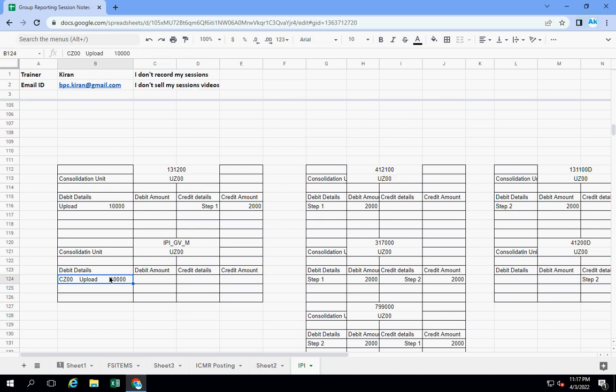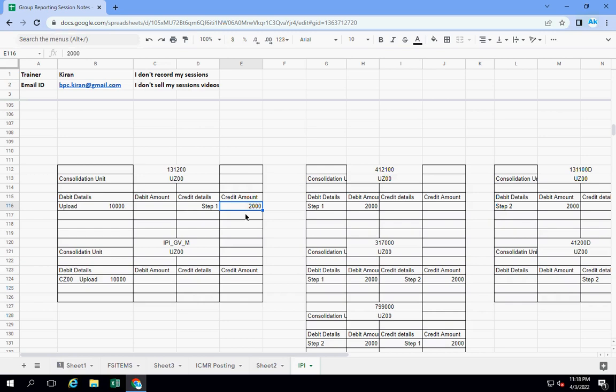How much? 10,000. So in step 1, what happened? From this 10,000, 2,000 is eliminated, which is my markup. How did the system understand the markup?